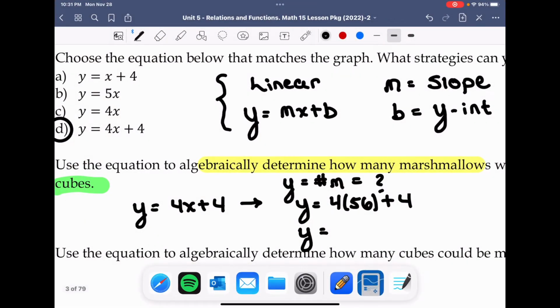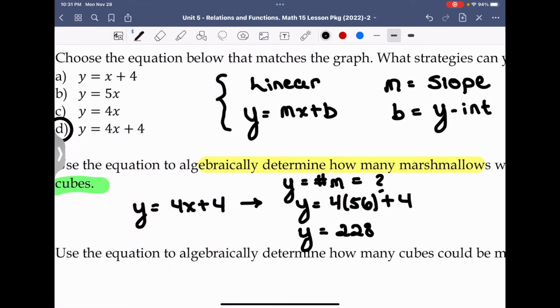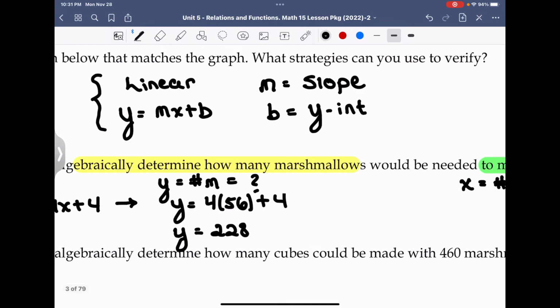We have 4 times 56 plus 4. This is going to be equal to 228. Now, what I want you to realize here is, what is this actually describing? It said we want to determine how many marshmallows. So for 56 cubes, we have 228 marshmallows for 56 cubes.